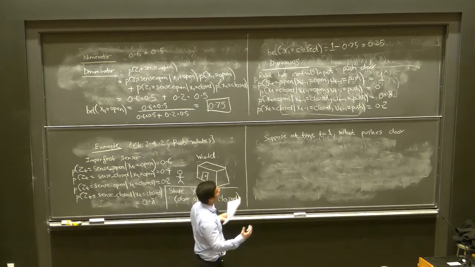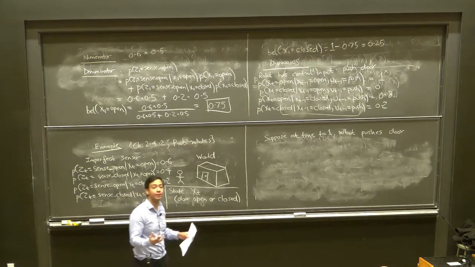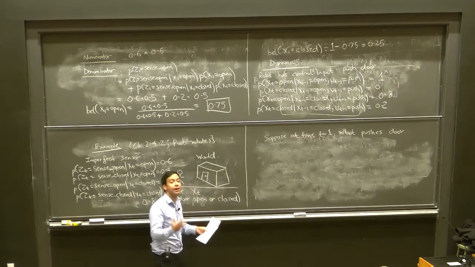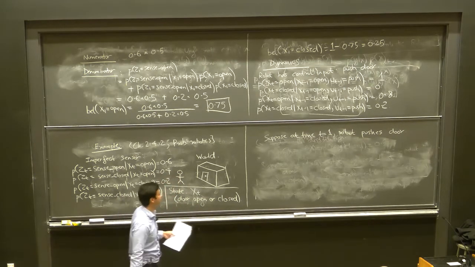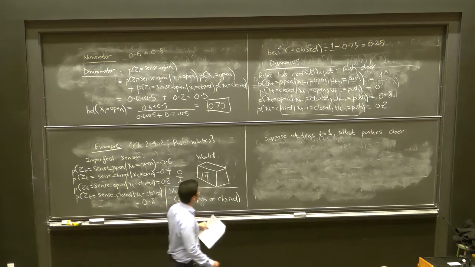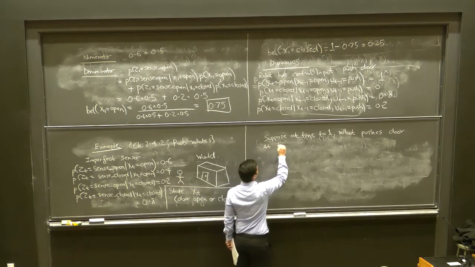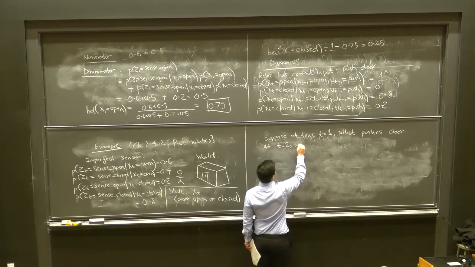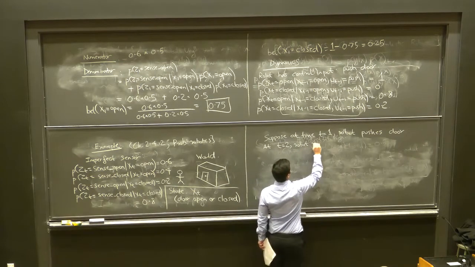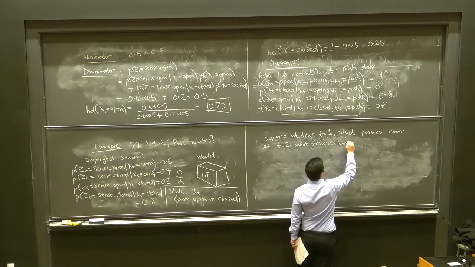And just to preview a little bit, it's going to receive another sensor measurement. That will help it refine its estimate of whether the door is open or not at the next time step. So at t equal to 2, the robot receives another sensor measurement.